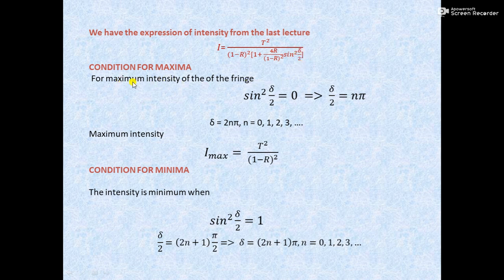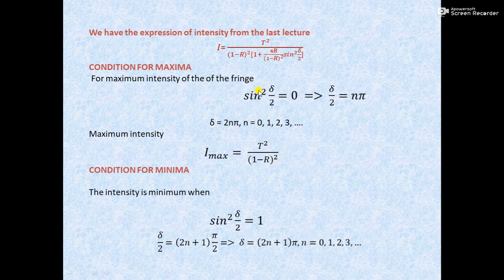So, for getting the maximum intensity, the value of sin square delta by 2 should be equal to 0. If this term becomes 0, the maximum intensity I max becomes T square by 1 minus R whole square.